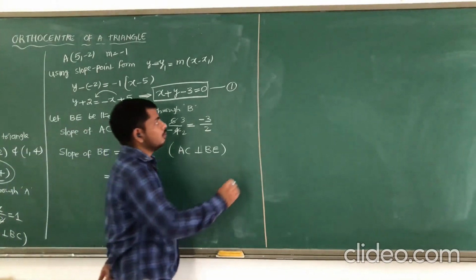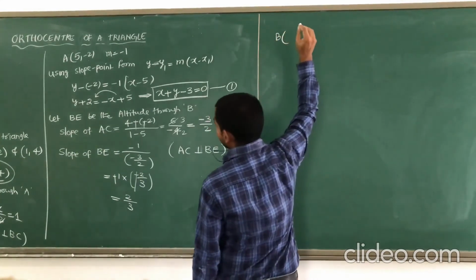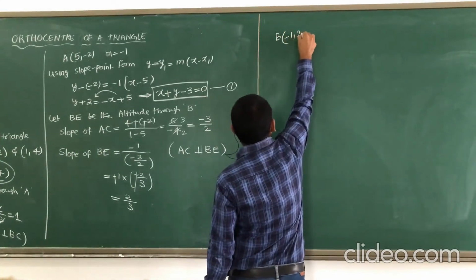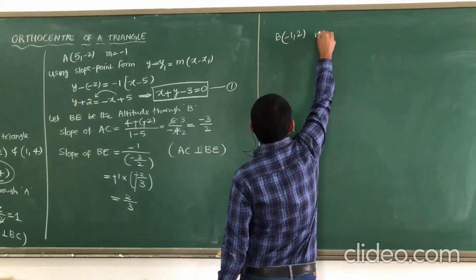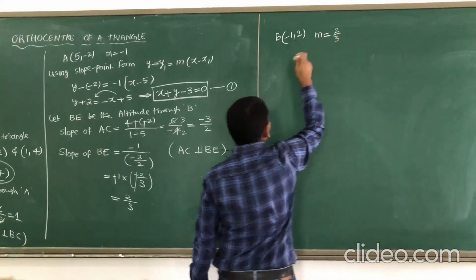Next, using slope point form, here B from the given data is minus 1 comma 2. Slope of BE is equal to 2 by 3.